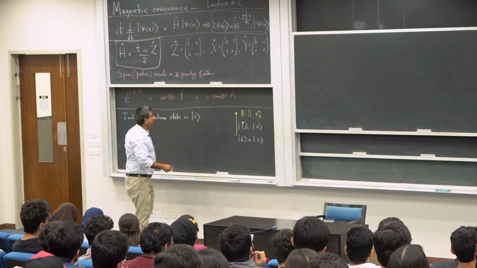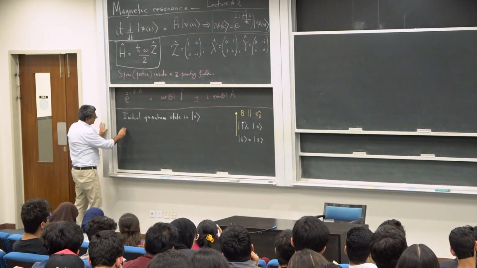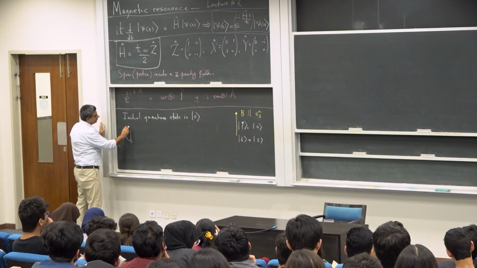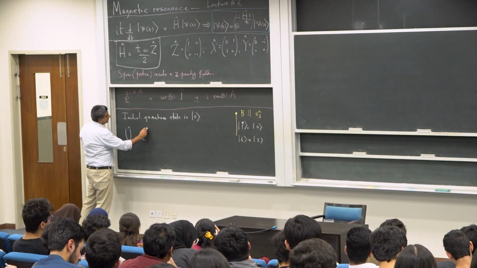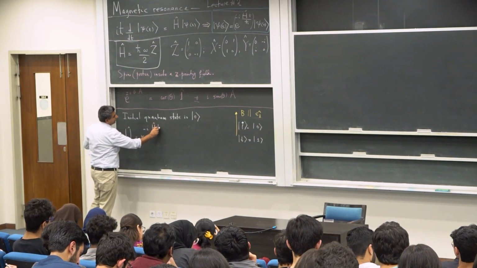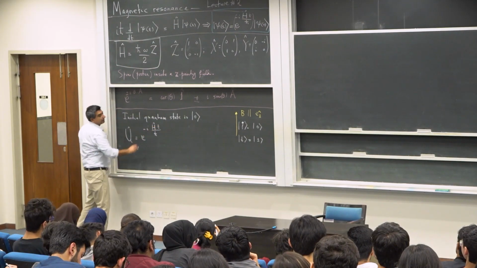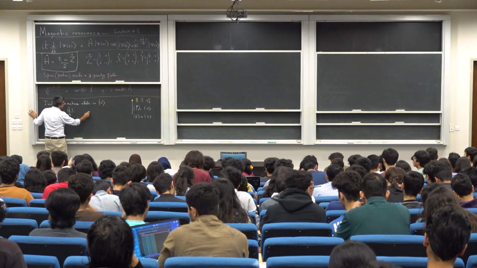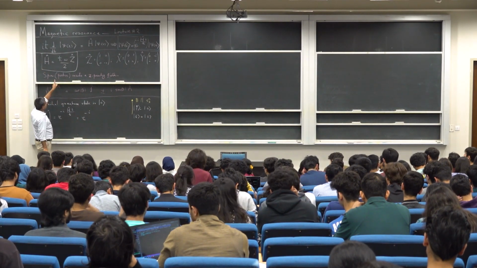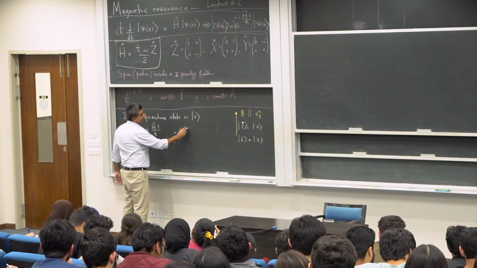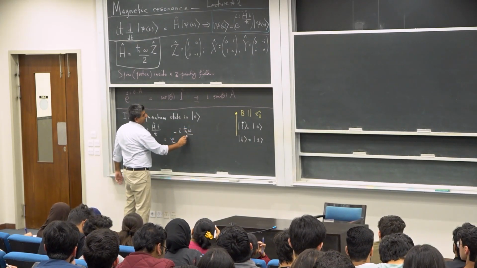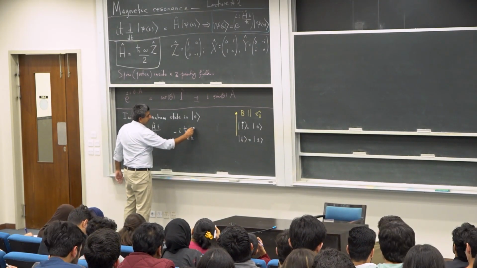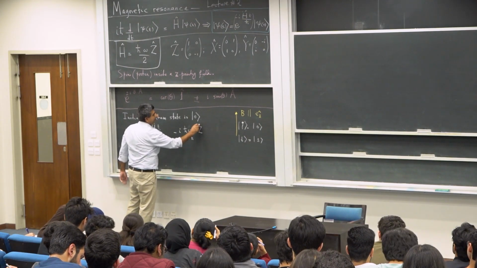The operator of course is going to be a unitary operator. So let's call this operator U. This is e to the minus i H t over h bar. So e raised to power minus i H, the Hamiltonian is given by h bar omega over 2 Z, times t over h bar.